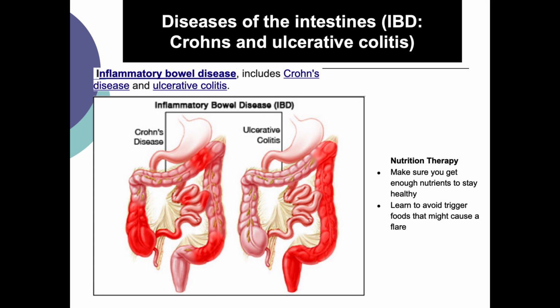People who suffer from Crohn's and ulcerative colitis, these inflammatory conditions where they've got inflammation at different parts of their colon, have to be very careful with the foods that they eat, because some foods can trigger this inflammatory response with overgrowth, if you will, of organisms that are unhealthy for their GI tract. So you've got to learn to avoid trigger foods if you suffer from Crohn's or ulcerative colitis.